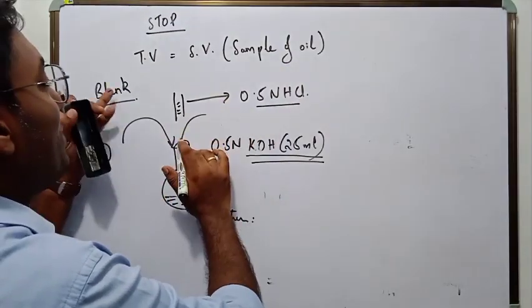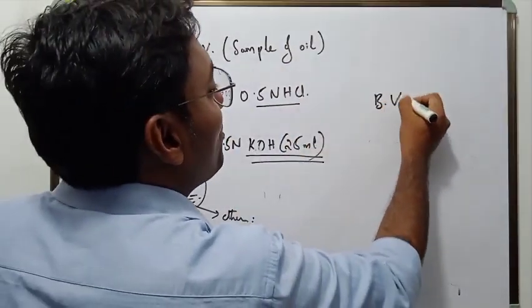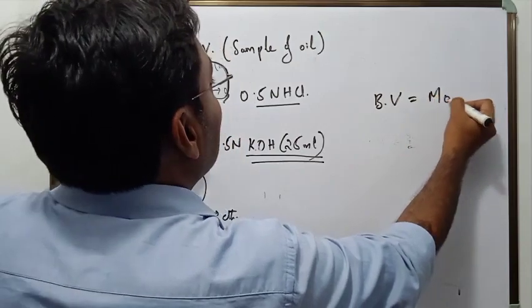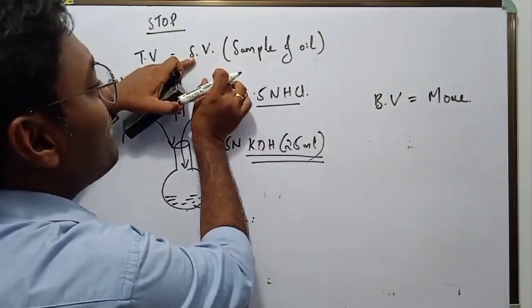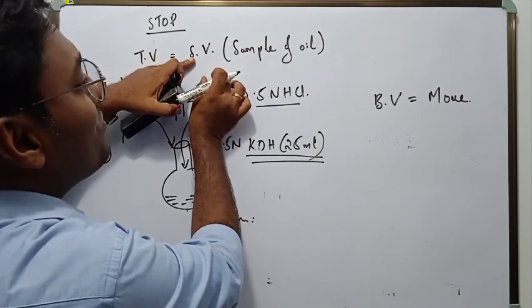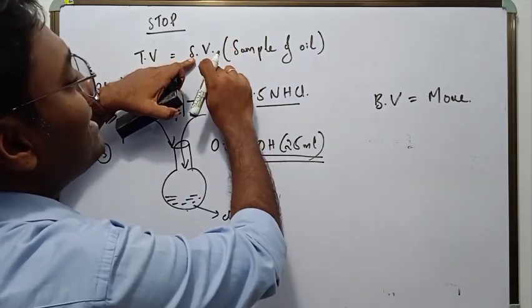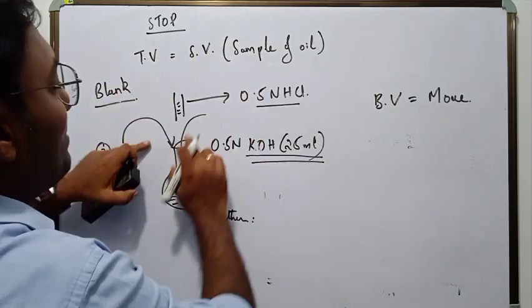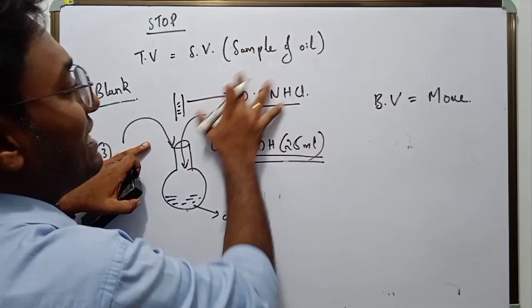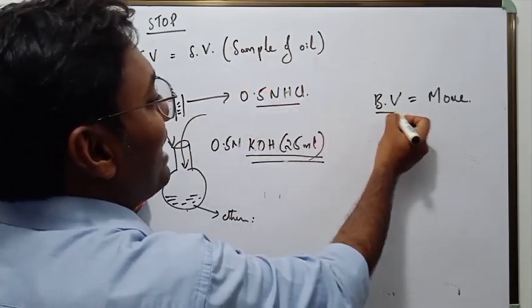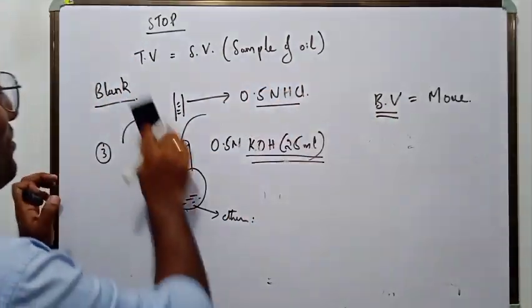So the blank value will be more than the sample value, because in the sample only the remaining amount of KOH was titrated against HCl, but in the blank the whole amount of KOH has been titrated against HCl. So the blank value will be more, right?